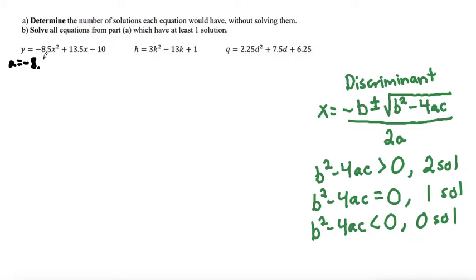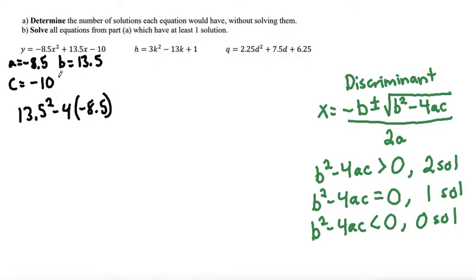B is the coefficient of the x, which is 13.5, and c is negative 10. So plugging into our discriminant, b squared would be 13.5 squared minus 4 times a, which is negative 8.5, times c, which is negative 10.